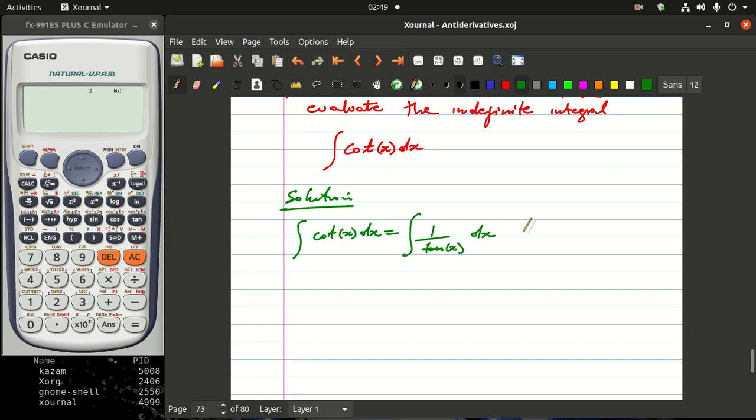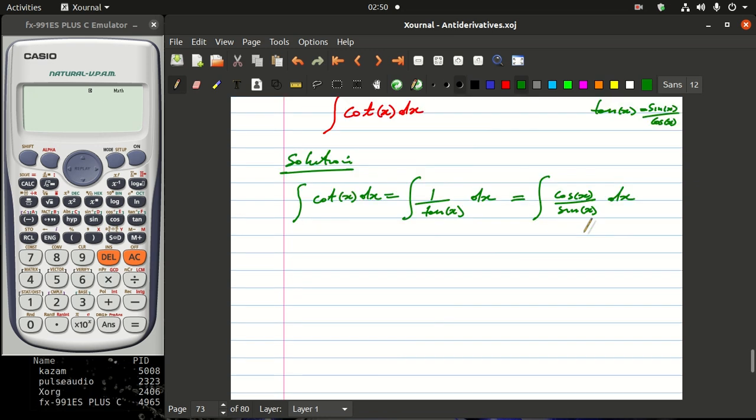We still have a dx, and of course you can see that this is the same as cosine of x divided by sine of x dx. Remember that tan of x is equal to sine of x divided by cosine of x. Saying 1 over this is going to switch these two. That is why we are having that.